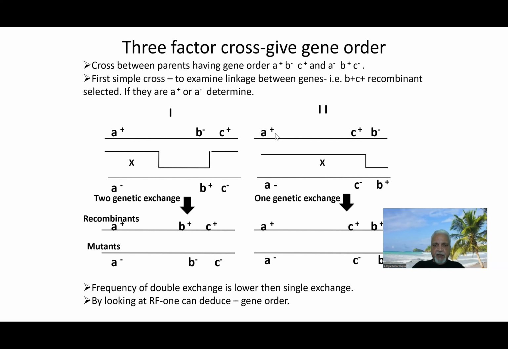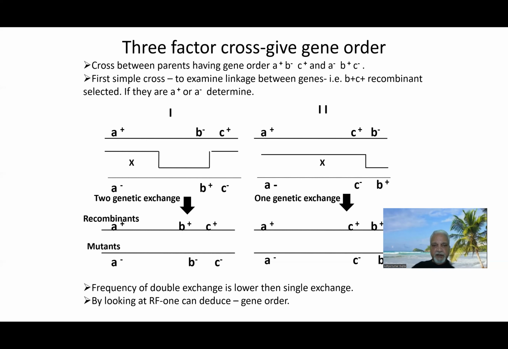This is the same, only the order is different: here A, B, C, and here A, C, B. Again, as I mentioned, you first have to put forward a hypothesis in such experiments: these are the two possible orders, and when you get the data at the end of the experiment, it will support either order 1 or order 2.